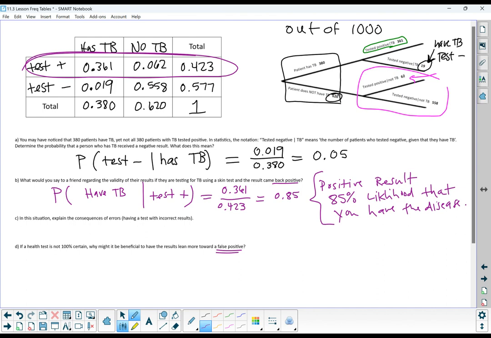So it's a little bit more beneficial to accidentally think someone has it than it is to not catch it. If you don't catch a disease, it could end up killing somebody. So definitely a lot of tests err towards that false positive.